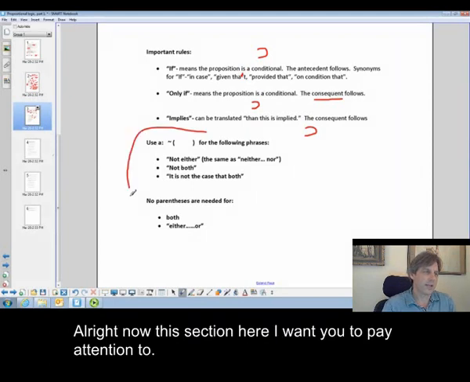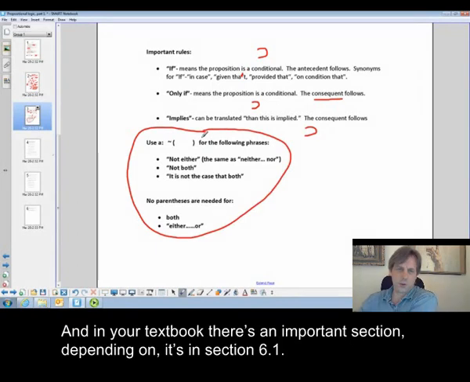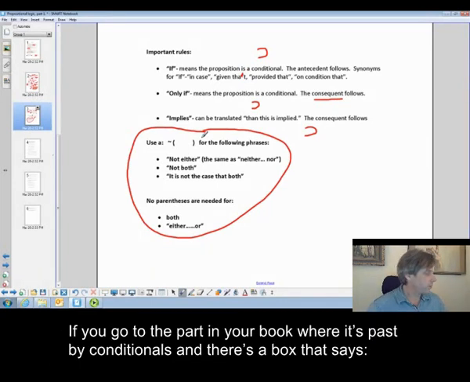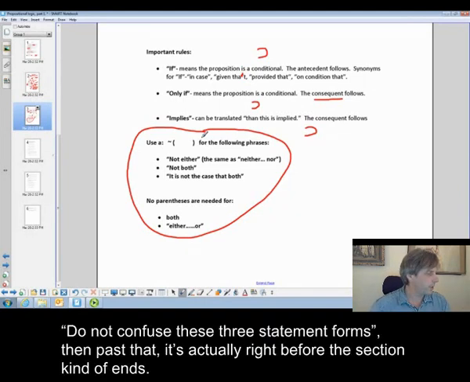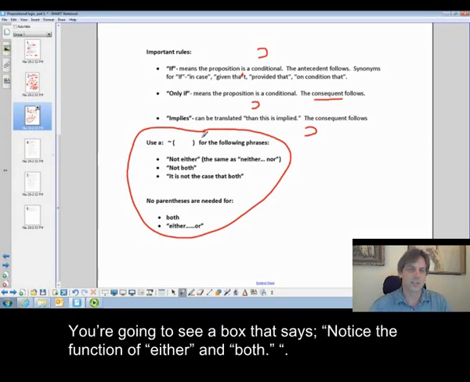All right, now this section here I want you to pay attention to, okay? And in your textbook, there's an important section, it's in section 6.1. If you go to the part in your book where it's past by conditionals, and there's a box that says, do not confuse these three statement forms, then past that, it's actually right before the section kind of ends, you're going to see a box that says, notice the function of either and both.